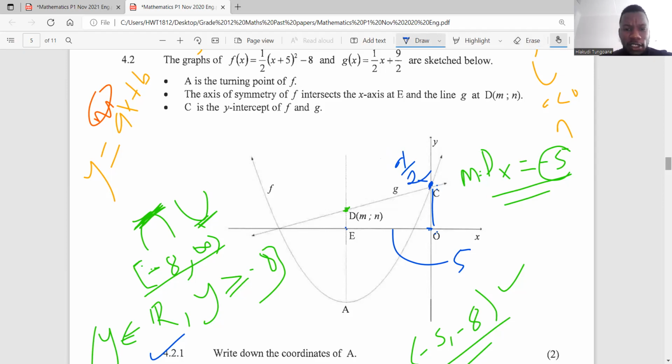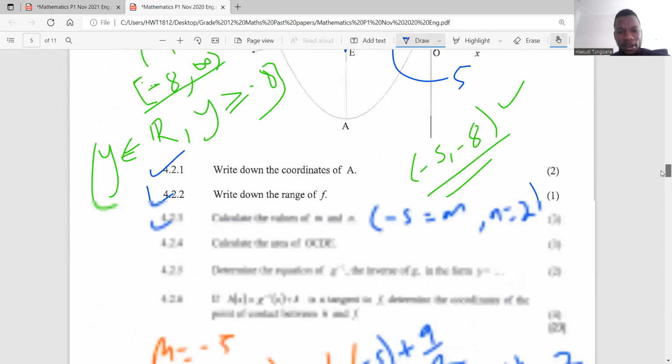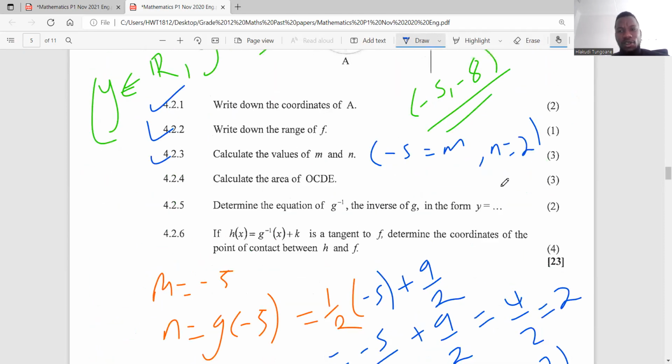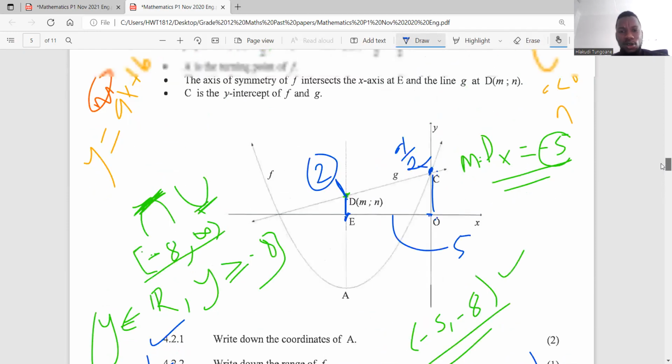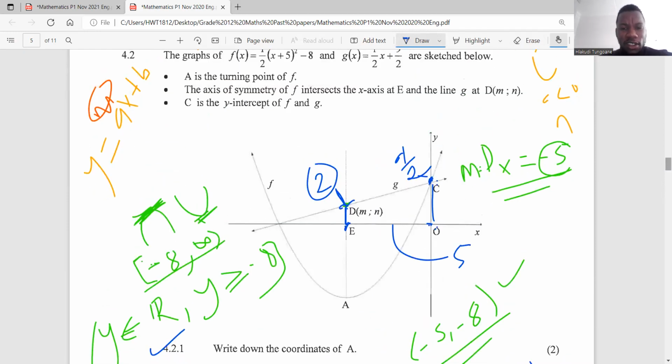We know this point here is 0, and this is N, so this length is equal to the value of N. Remember, we determined N to be 2 in our formula here, because you study from 0 to 2. That's the length of this. It's 2 units, and this is 5 units. This is 9/2 units, which is 4.5. So we know those lengths.